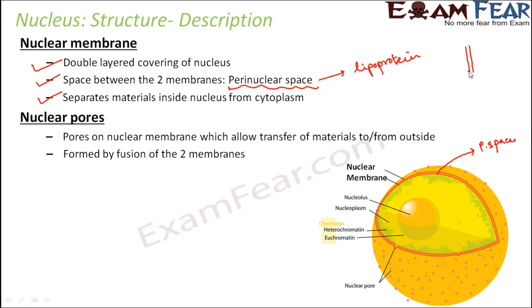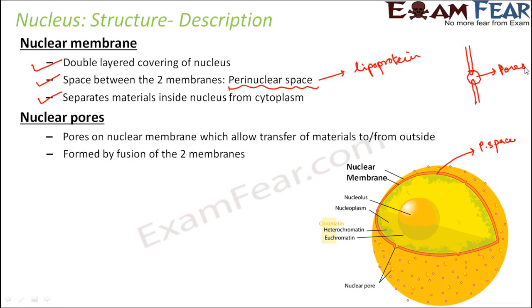When these two membranes pinch together, that is when they touch each other, that is the area where you actually see a nuclear pore. So this is your membrane, and this area is the pore. So we can say that pores are located where the two membranes pinch together, that is, where they are continuous with each other.